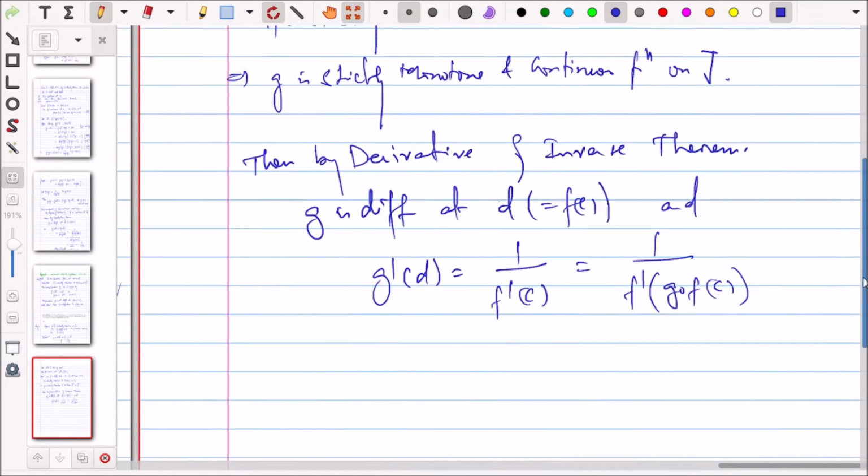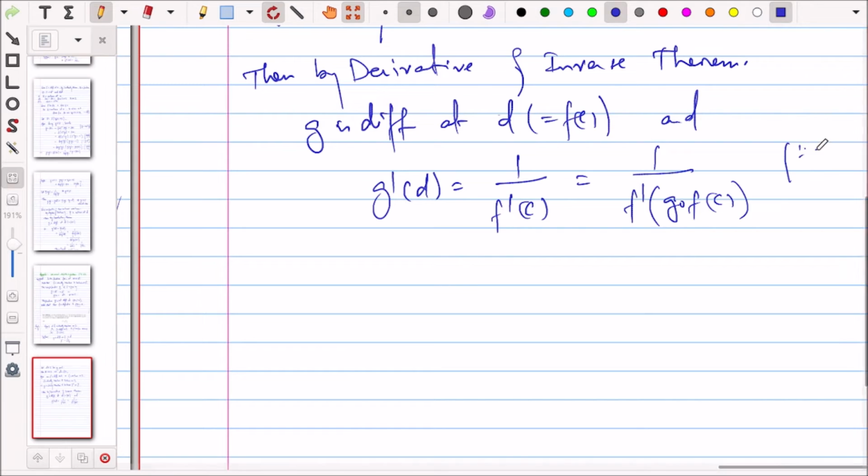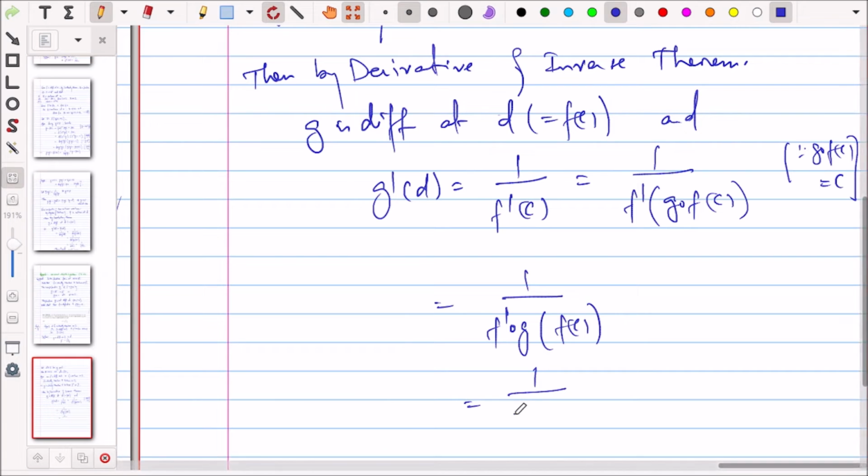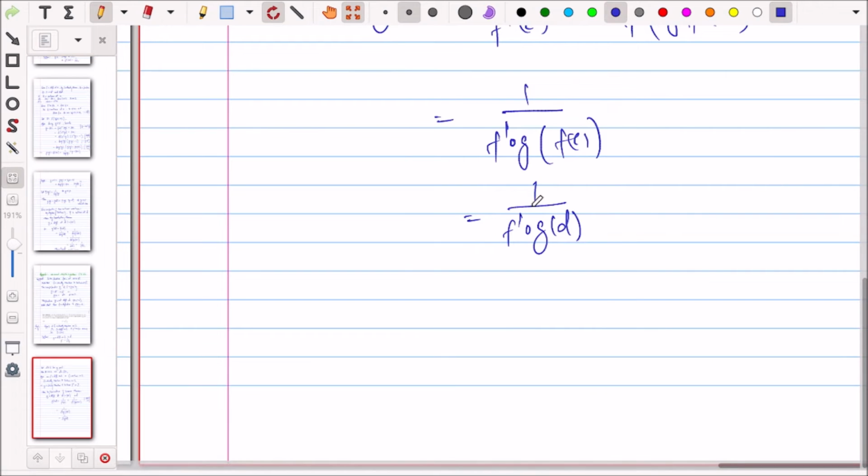Because g of f c is equal to c. So since g of f c is equal to c, it can be written as 1 by f dash of g f c, that is 1 by f dash of g d, because we have to bring it in terms of d. So g dash d is equal to 1 by f dash of g d.